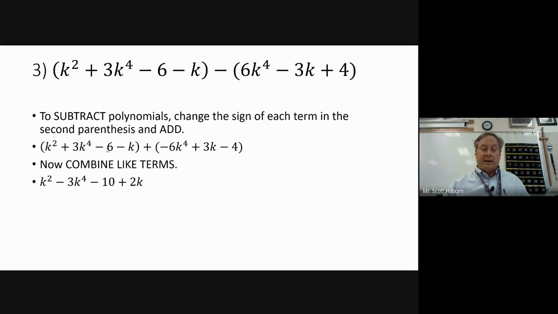And then here you've got a -6 plus a -4 gives you -10. And then you've got this -1k plus 3k. And so that gives you 2k. But I'd like to suggest we're not quite done yet. Can anybody volunteer? What's the last thing we need to do?